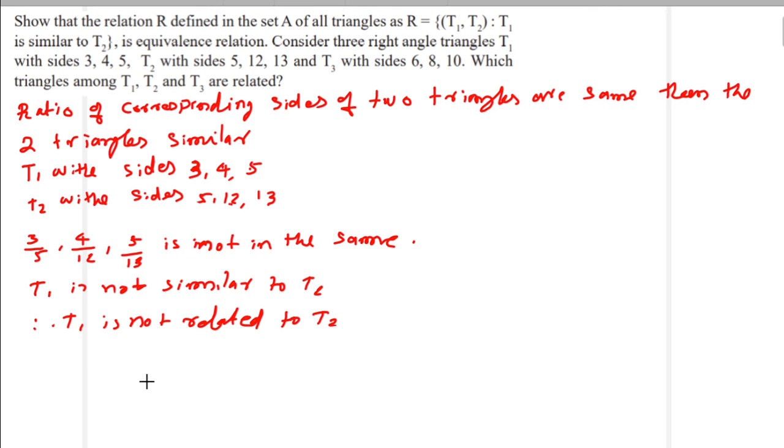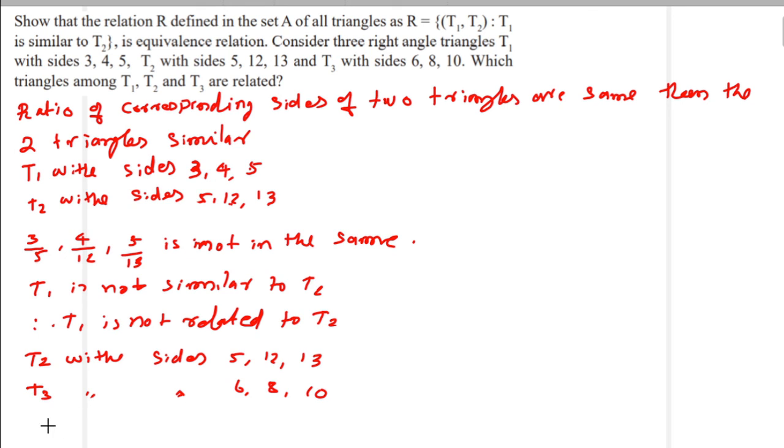Then you take T2 and T3. You take T2 with the sides 5, 12, 13, and T3 with the sides 6, 8, 10. Here check corresponding sides: 5, 6; 12, 8; 13, 10.